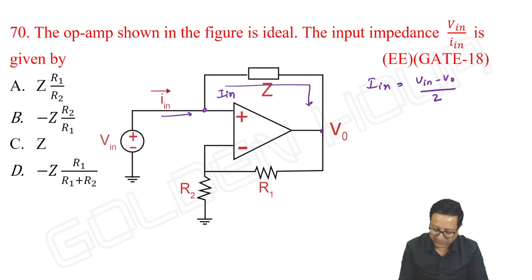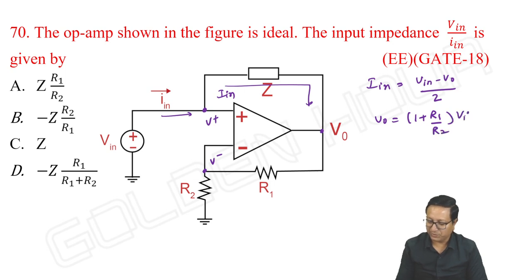Once you know the voltage at the non-inverting terminal, anyway due to virtual short, V plus is equal to V minus is equal to V input. And if you take the node equation here, what do you get? V output is equal to 1 plus R1 by R2 into V input. Is it not so? Okay, we know that.